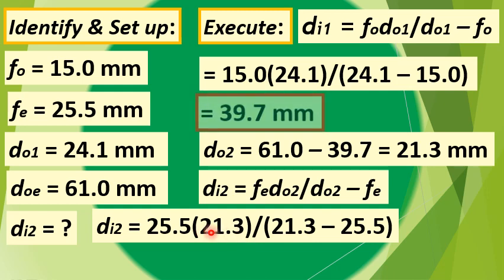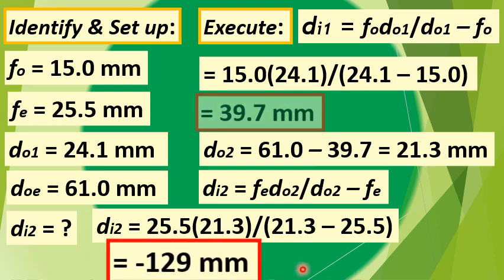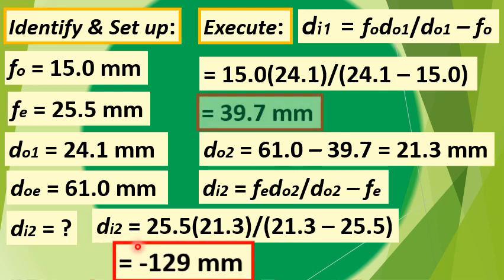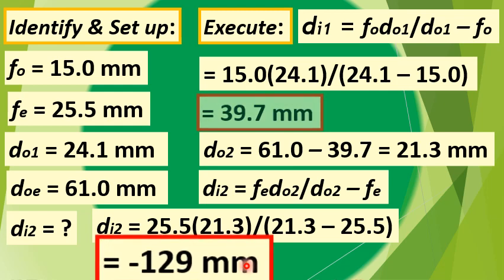And then their product to be divided by 21.3 millimeters minus 25.5 millimeters. So these are the object distance number 2 and the focal length of the eyepiece respectively. So finally, doing our math, we arrive at the value of the distance of the second image, d sub I2, equal to negative 129 millimeters.